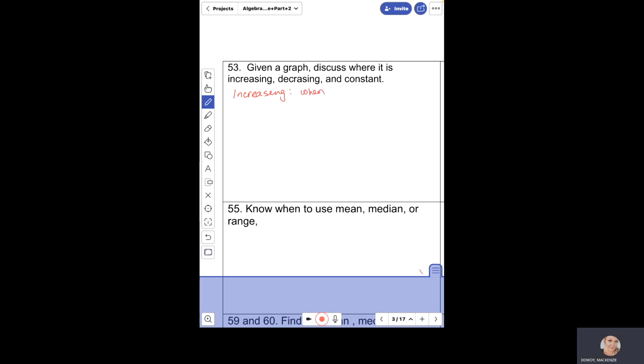When x values are increasing, y values are increasing.